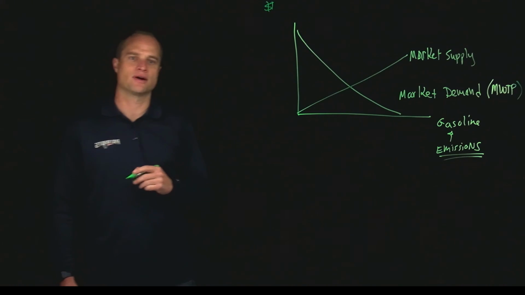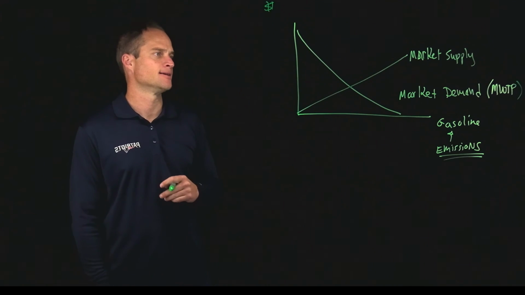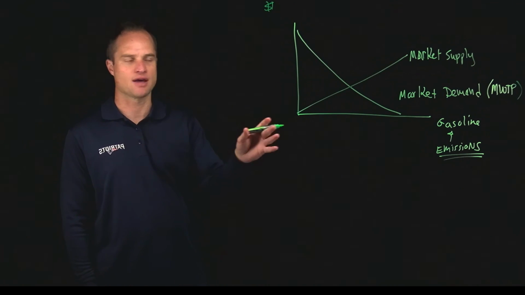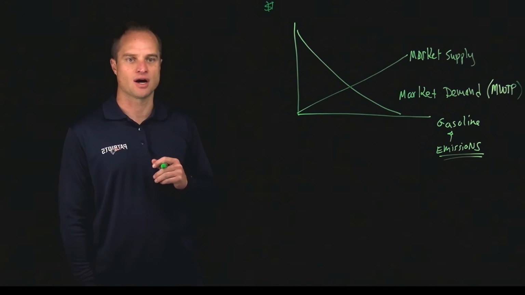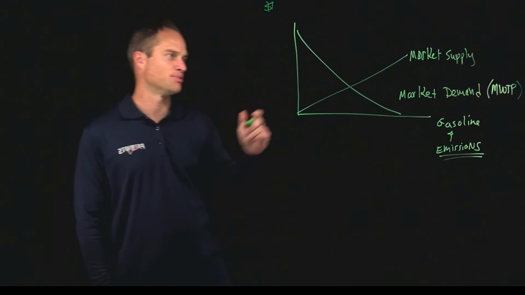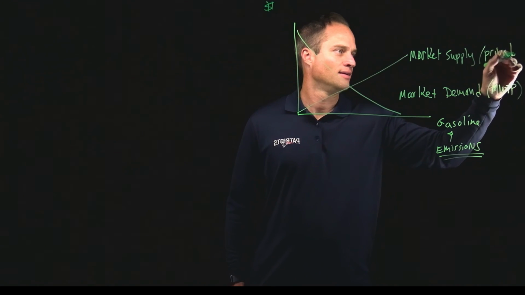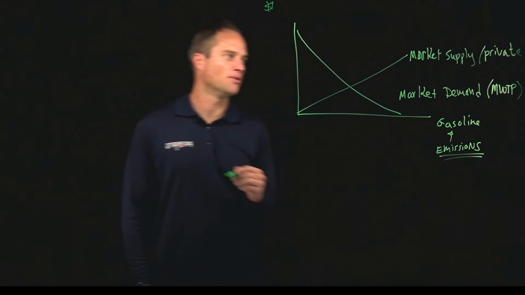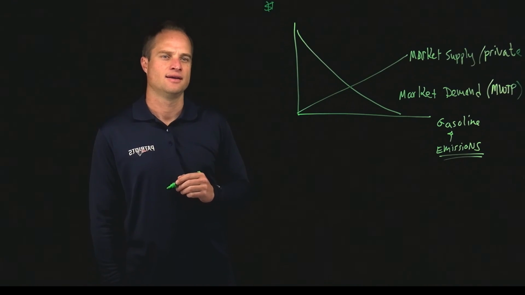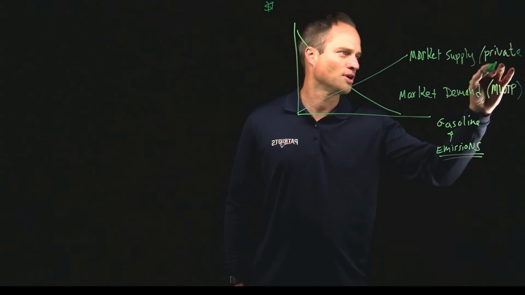But we also know that market supply captures the marginal cost to these producing firms. So we're going to put a little more detail in there and call it the private marginal cost.